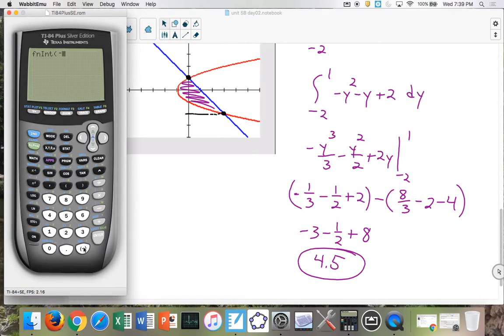We're doing the integral of negative y squared minus y plus 2, with respect to y, from negative 2 to positive 1. And we get the same answer.